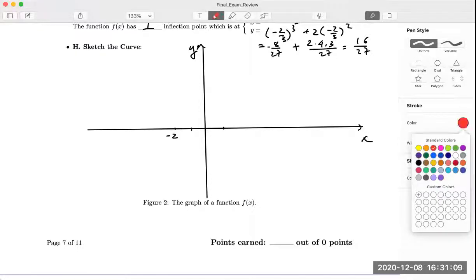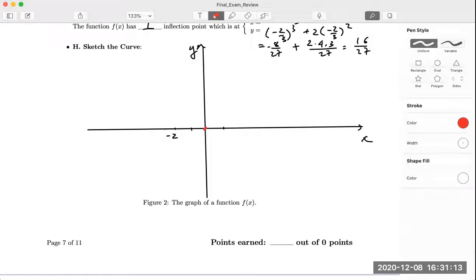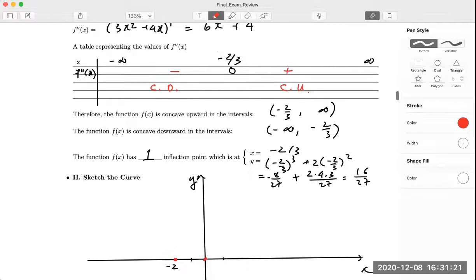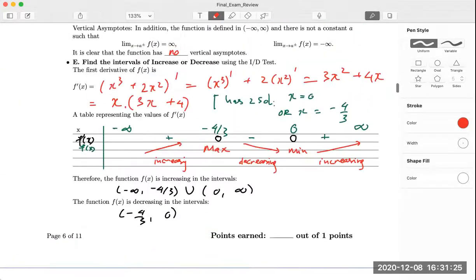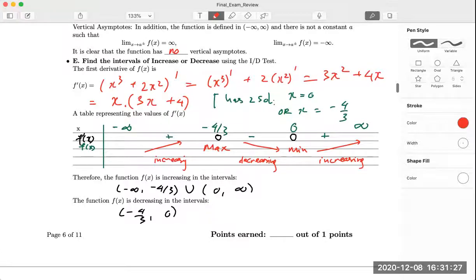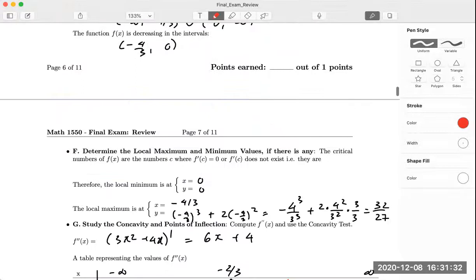So the graph will go through the y-intercept and the x-intercepts. There are 2 points, and we'll go through these points, okay? Anything else? Okay. Maximum at negative 4/3.